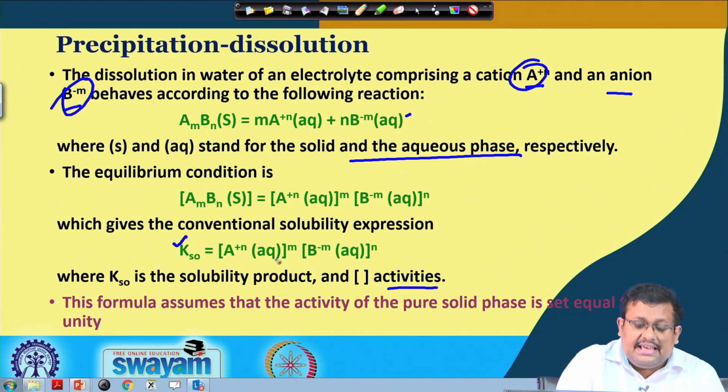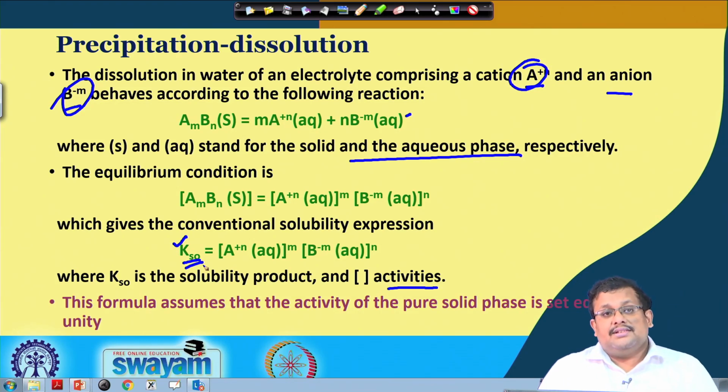So, in the aqueous media, the activity of the cation multiplied by the activity of the anion gives us the solubility product constant.